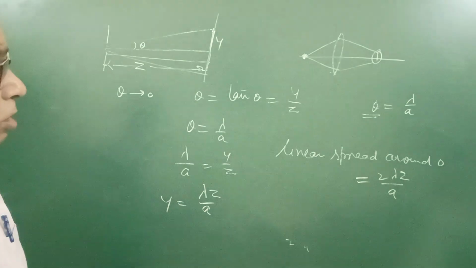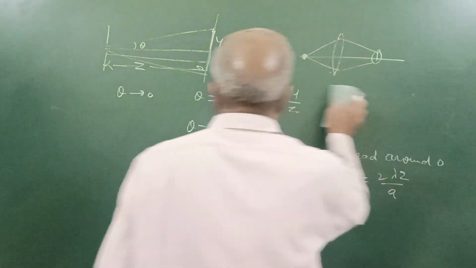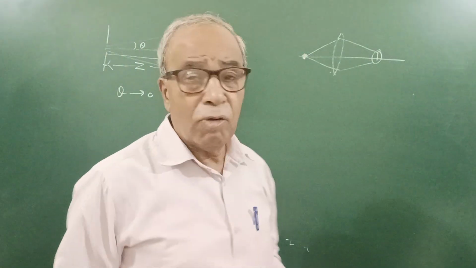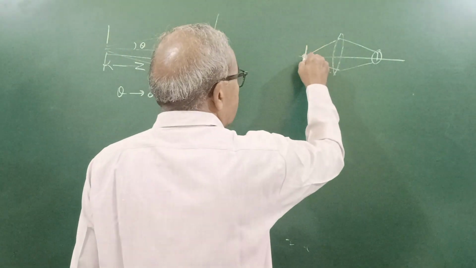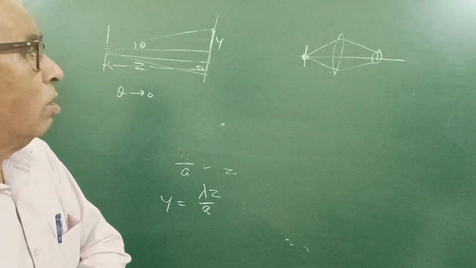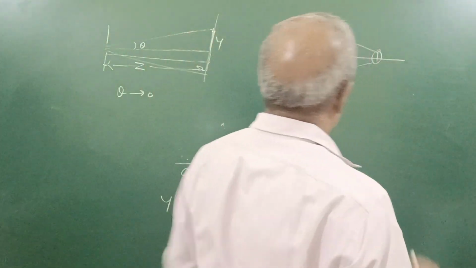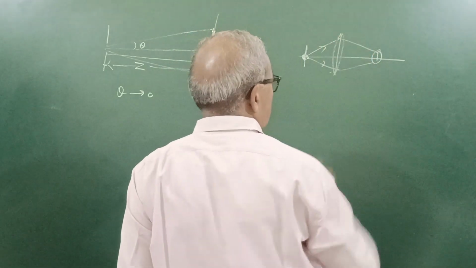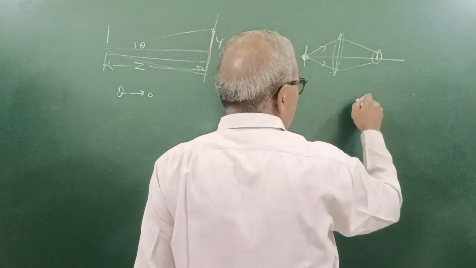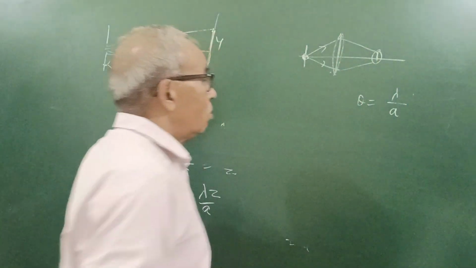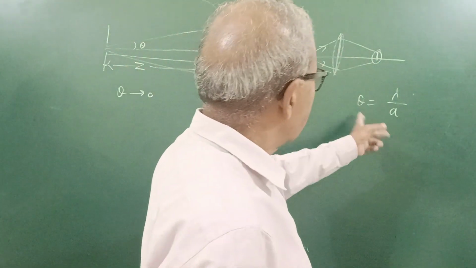Due to this angular spread, the image is not a sharp image. This is the problem with diffraction of light. If we get the image of a point object or narrow slit by this lens, there will be an angular spread theta equal to lambda by a, where a is the diameter of the aperture. So the smaller the aperture, the greater the theta.